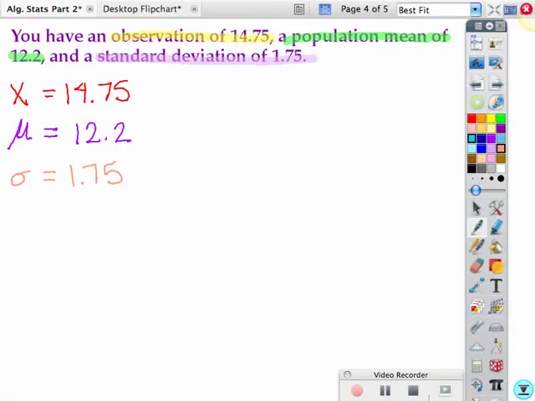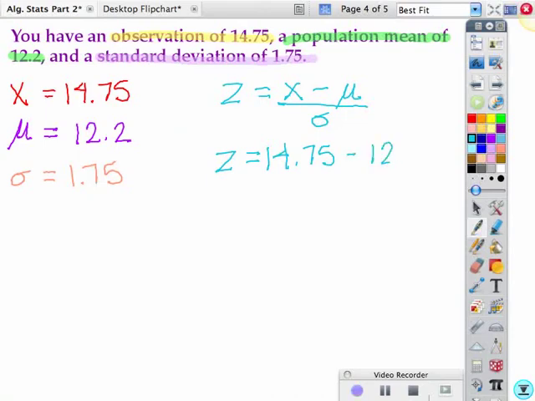Referring back to the formula we use, it is z equals x minus mu divided by sigma. So we plug in our information now. X is our 14.75. Mu is our 12.2, so we subtract 12.2, and then we divide by our standard deviation, which is 1.75.